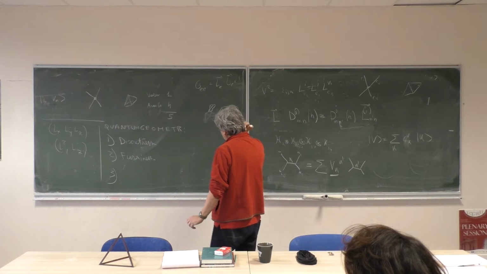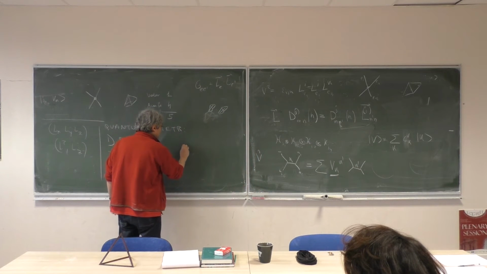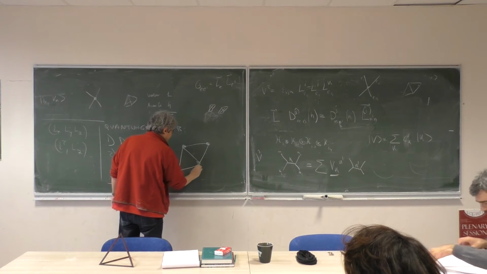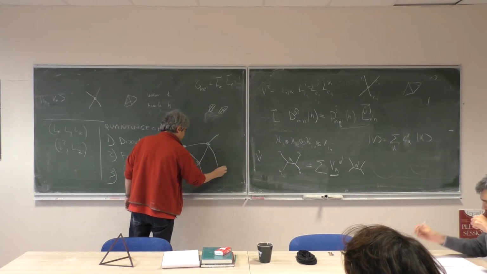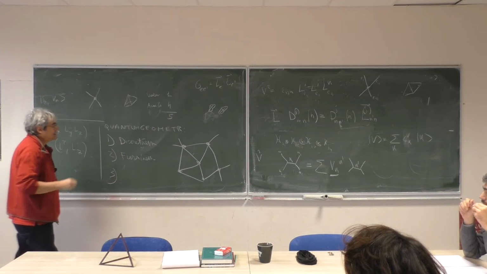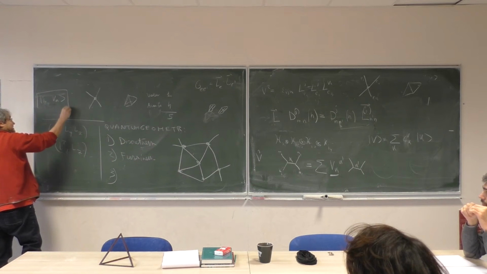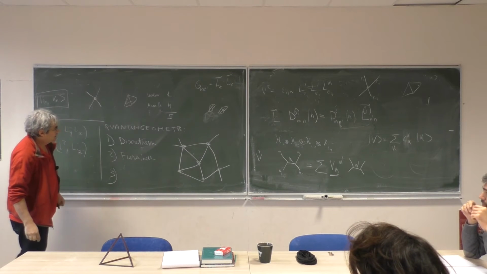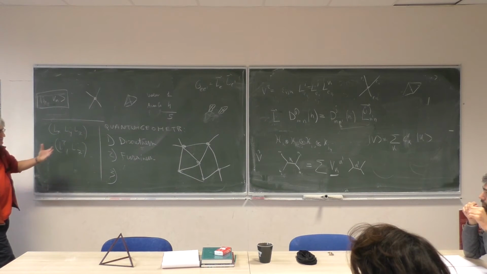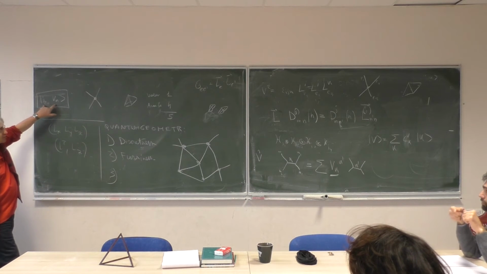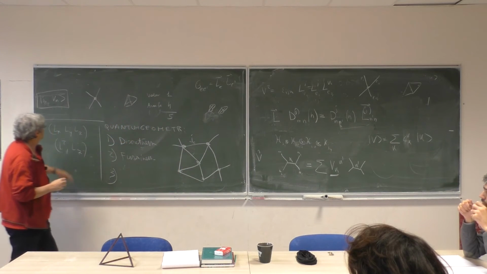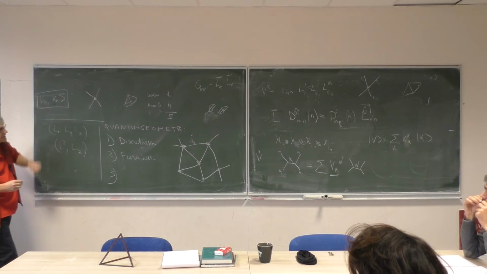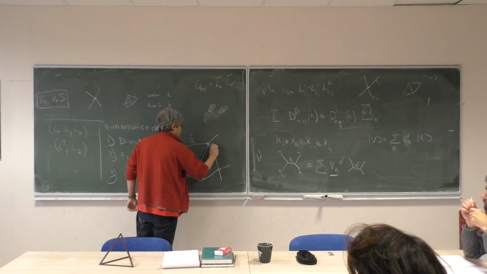So, as I said, if we have a graph, a spin network state, one of these spin network states, it can be described by a graph with these quantum numbers. And the J sits on the link, and the Vn sits on the node.